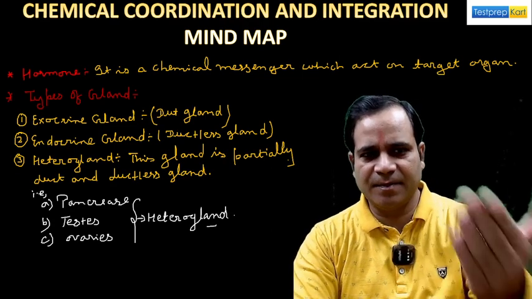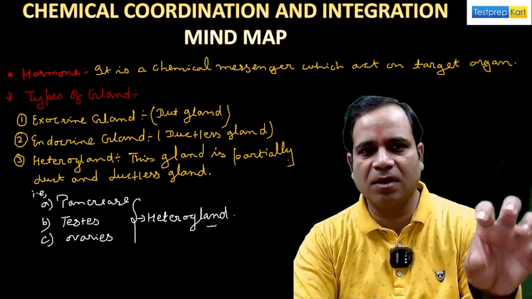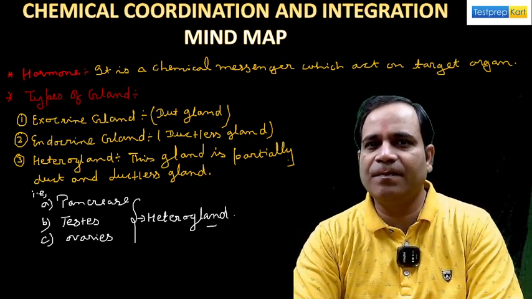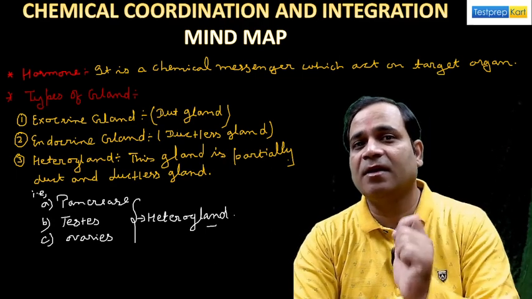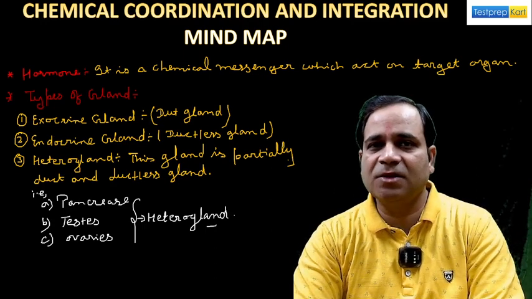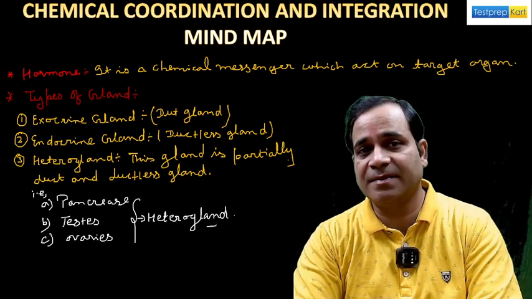Yes. Before we start the thymus gland, let me recall all that I told in the previous class. The hormone is what? A chemical messenger which acts on a target organ, my dear. Is that clear? So if anybody asks you about the hormone, what do you say? Hormone is nothing, it is only a chemical messenger, my dear.